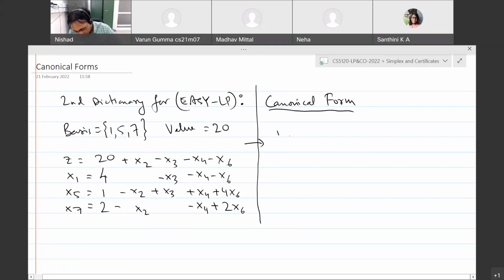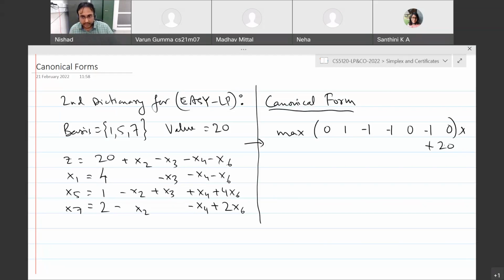We are going to write it basically in SEF LP, right? But there are certain special properties, which are also the properties that we are using in a dictionary. So what is our objective function? Notice that this is exactly 20 plus x2 minus x3 minus x4 minus x6, right?